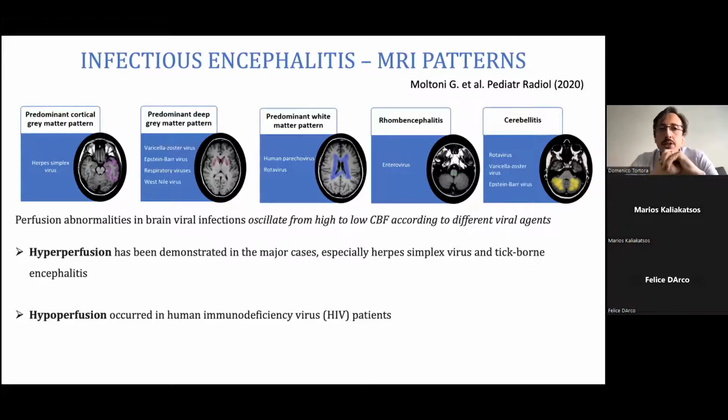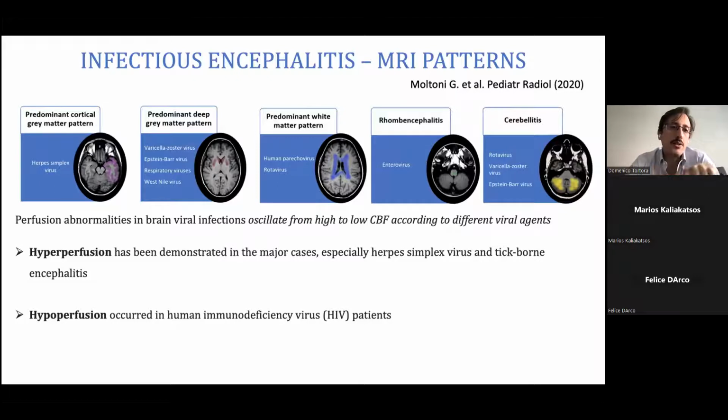The brain perfusion in many cases is altered in patients with viral encephalitis, but it's important to say that there are no specific patterns of perfusion abnormalities that may help in detecting the actual etiology of the encephalitis.